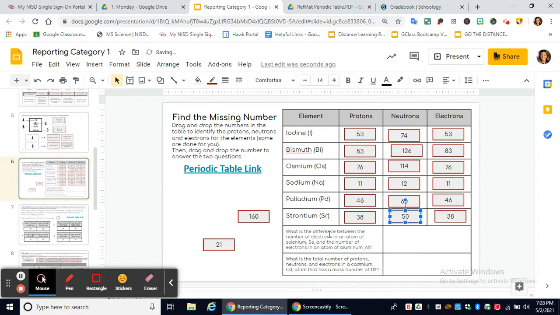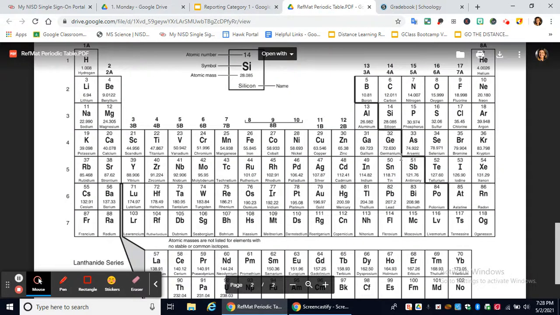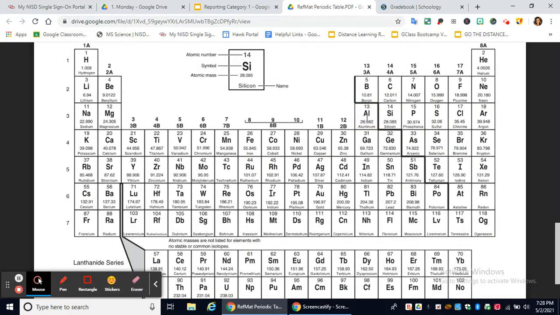And then lastly, what is the difference between the number of electrons in an atom of selenium and the number of electrons in an atom of aluminum? So we have to find these two elements on the periodic table and take the difference in the number of electrons. So selenium and aluminum. Okay, so here's aluminum. Let me find selenium.